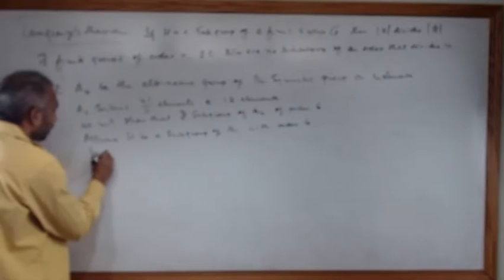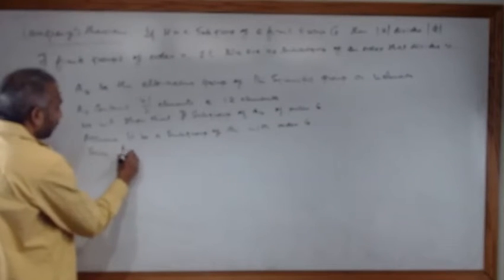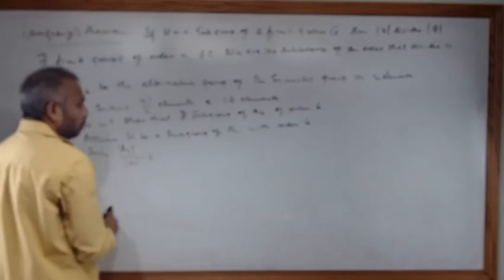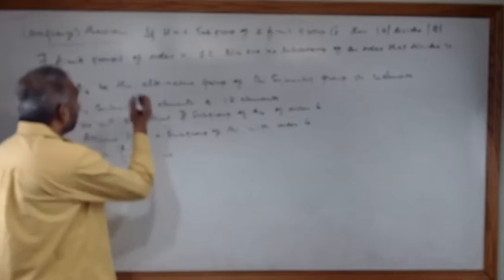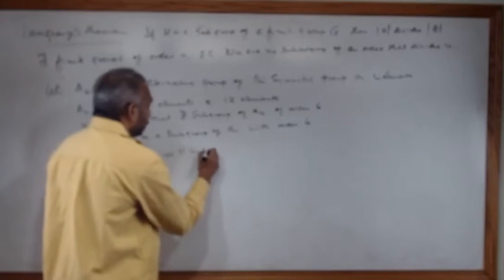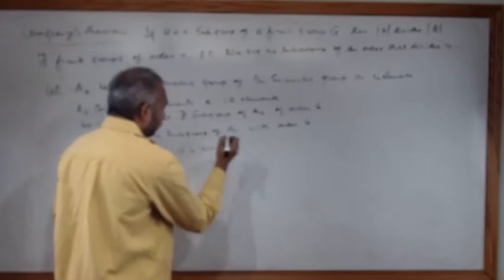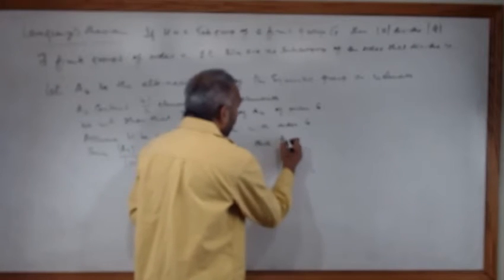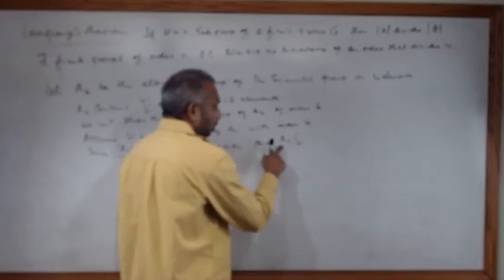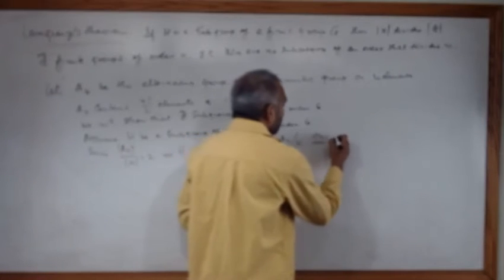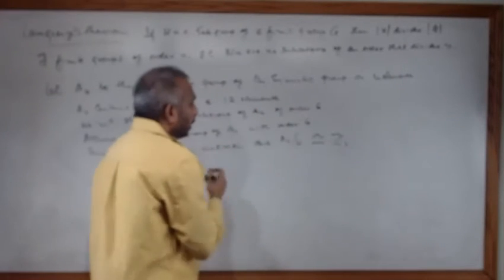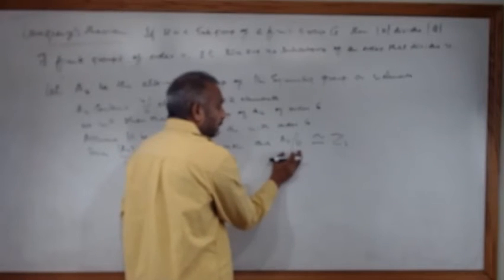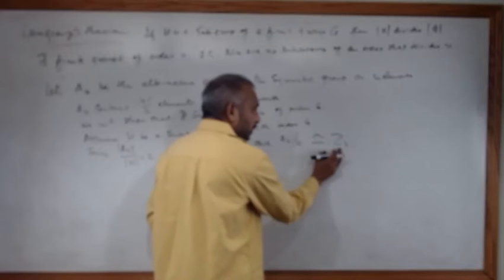So since the order of A4 divided by the order of H is equal to 2, from the previous result H is normal. And the factor group of A4 over H is isomorphic to Z2, because this contains only 2 elements, so any group of 2 elements is always isomorphic to Z2.